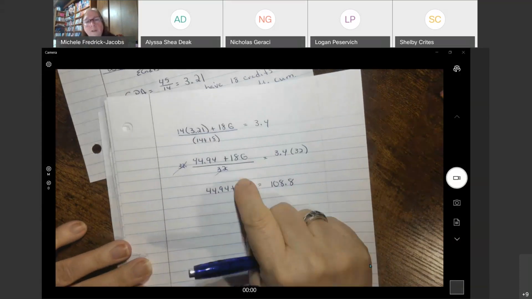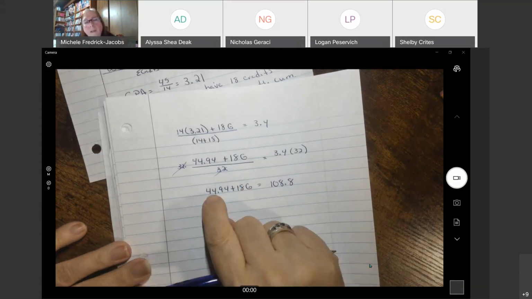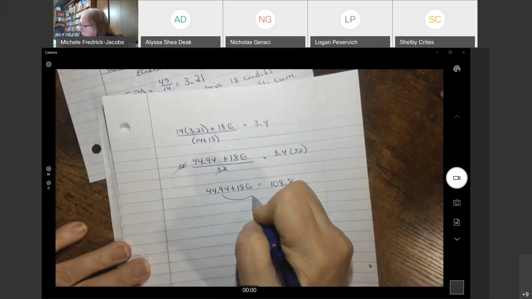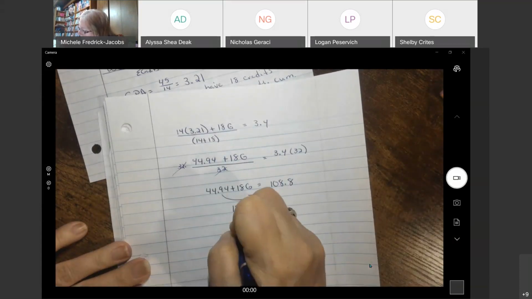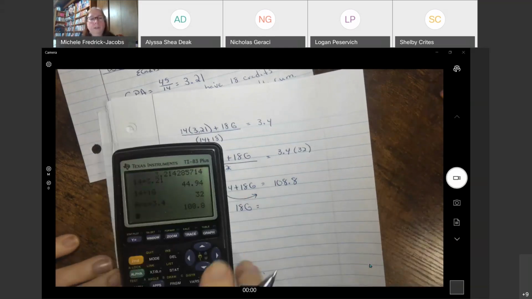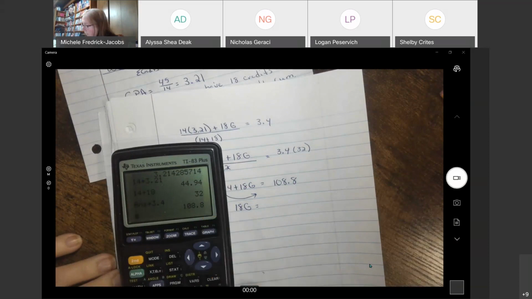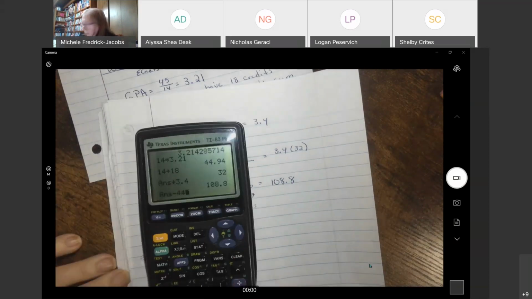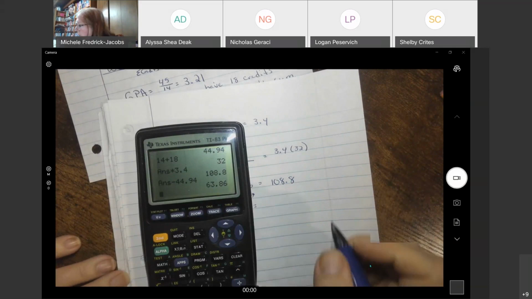Still trying to get this term by itself. This one's being added, so we subtract it. 108.8 minus 44.94 is 63.86.